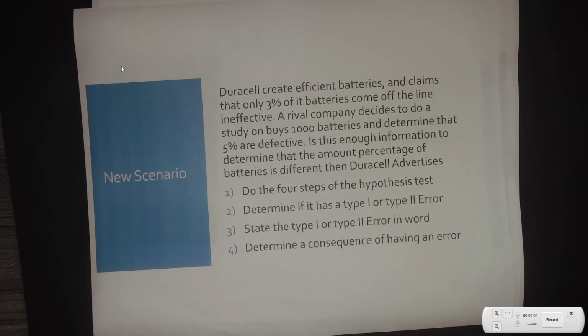Is this enough information to determine that the percentage of defective Duracell batteries is different than Duracell advertises? So first off, we're going to have to go through the whole process of doing the hypothesis test again. We'll start with step 1.